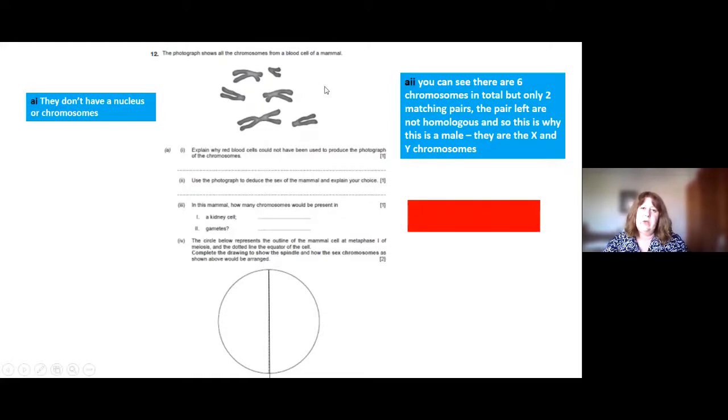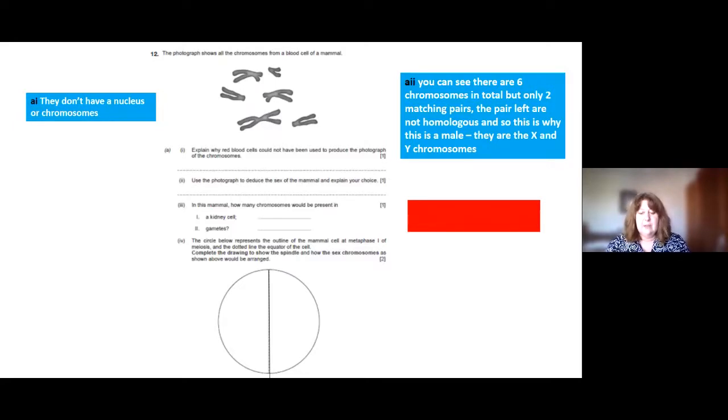And as we know from what we've learned before, the Y chromosome in this case is smaller. So this will be a male because we've got an X and a Y chromosome. So in that case, you have to look carefully, because a quick little scan of that and you just think, yeah, they all look fairly similar, but they're not.